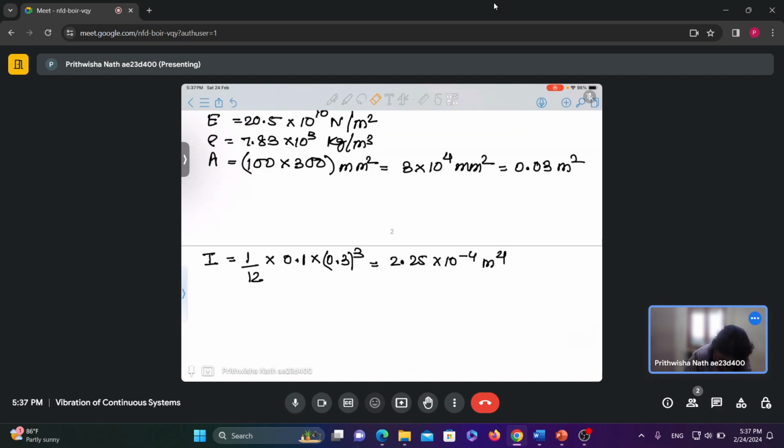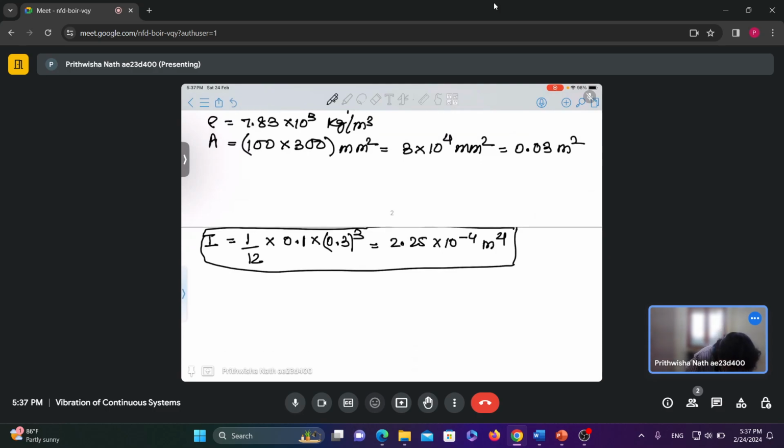So this is the I for the given cross section. Now we can write omega n as beta n L squared times square root of EI divided by rho A L to the power of 4.